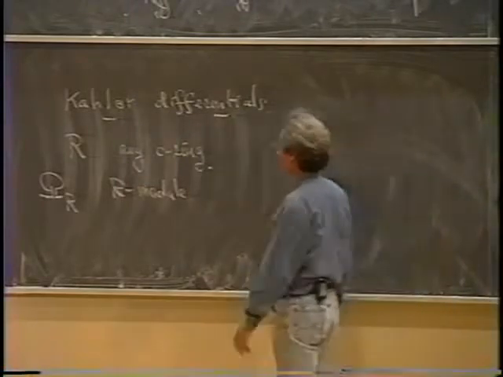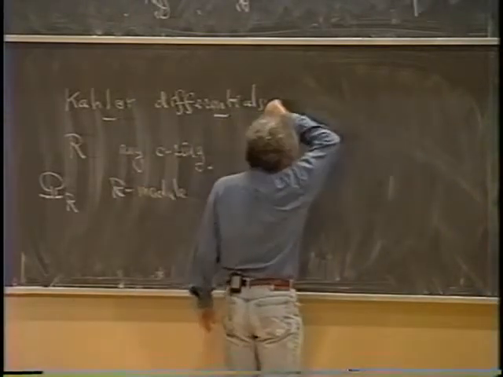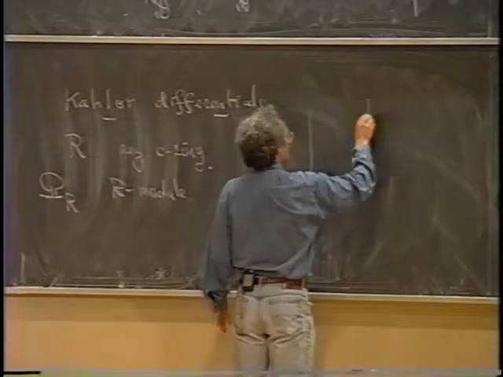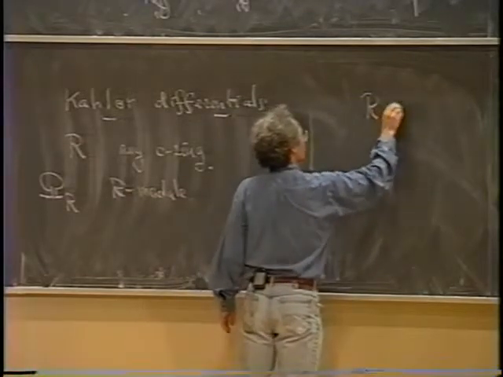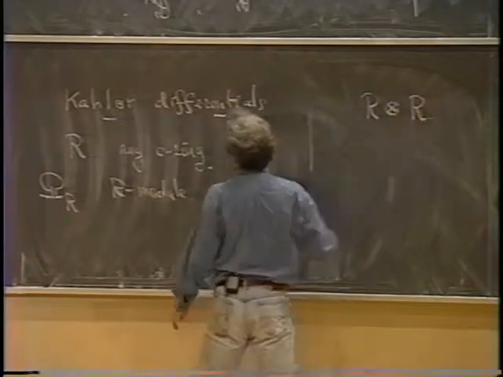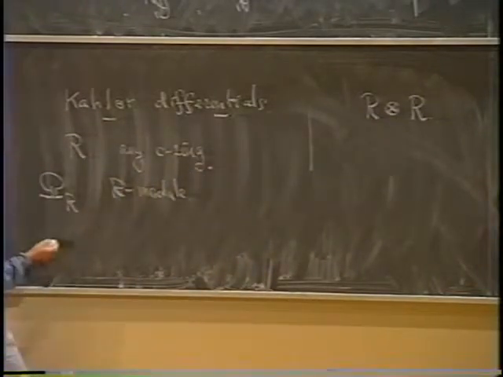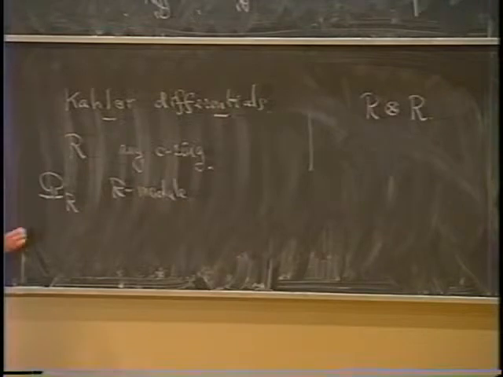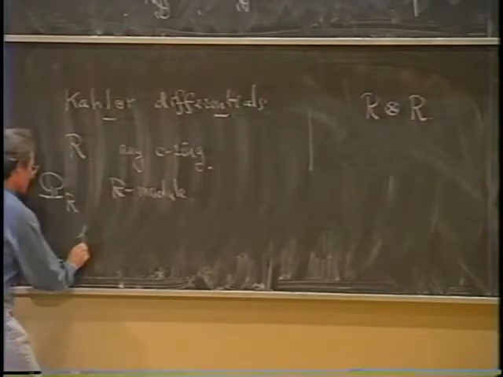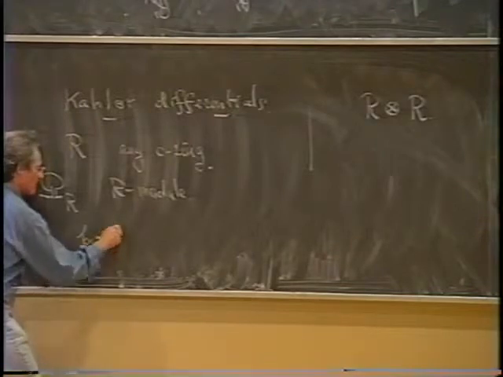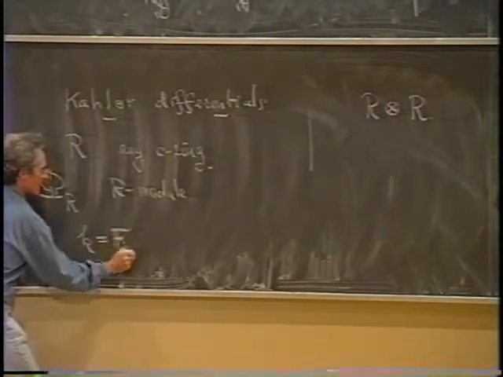So let me construct it first. I'm going to take the tensor product of R with itself, and here, rather than overburden this big blackboard with extra hypotheses, let me suppose that k is F_p. This is totally unnecessary, just to save some chalk.